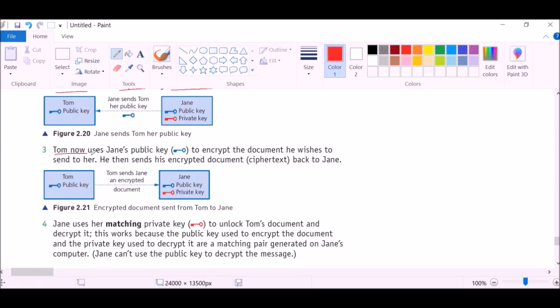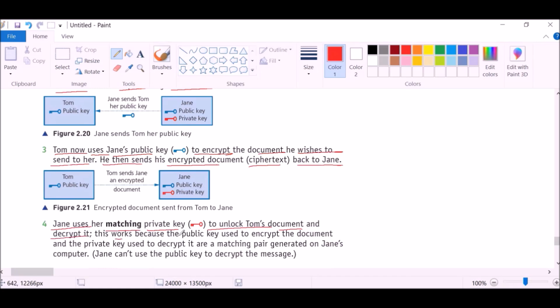Tom now uses Jane's public key to encrypt the document he wishes to send to her, then sends his encrypted document, which is ciphertext, back to Jane. Jane uses her matching private key to unlock Tom's document and decrypt it.